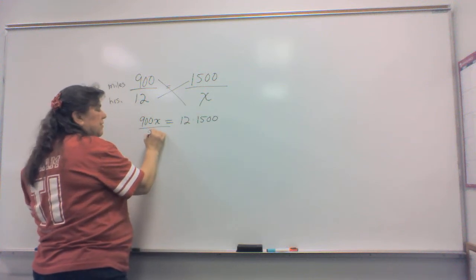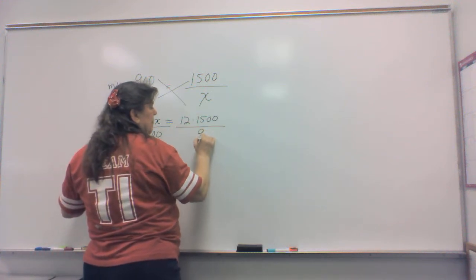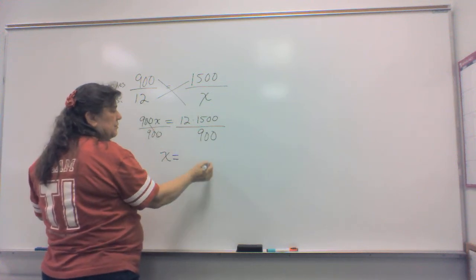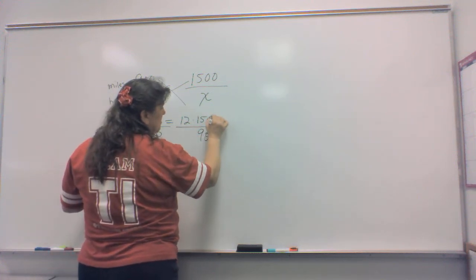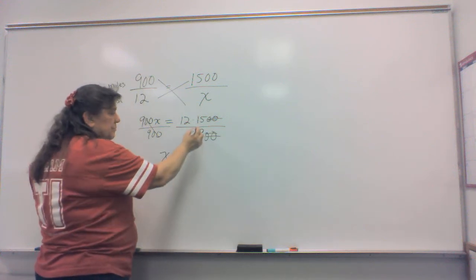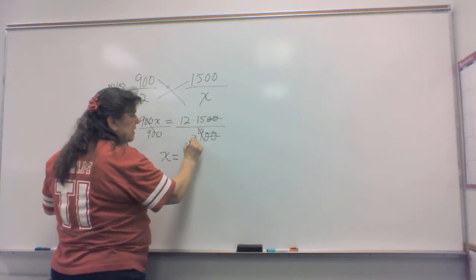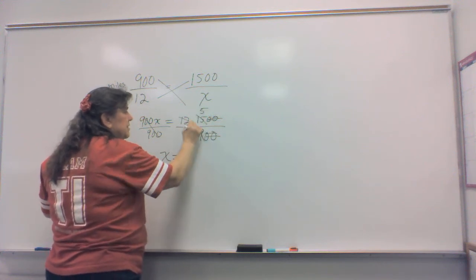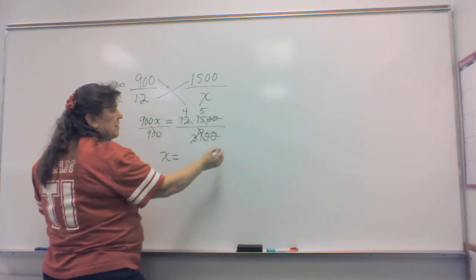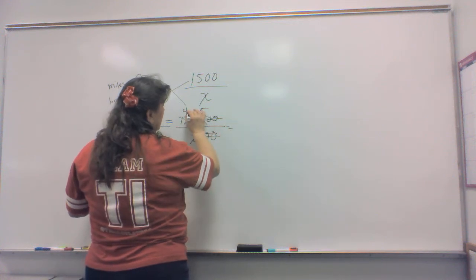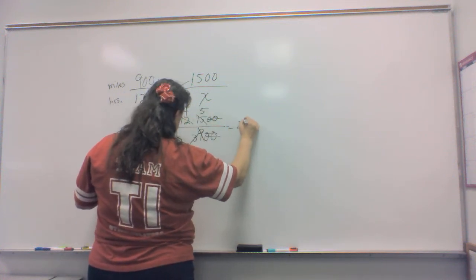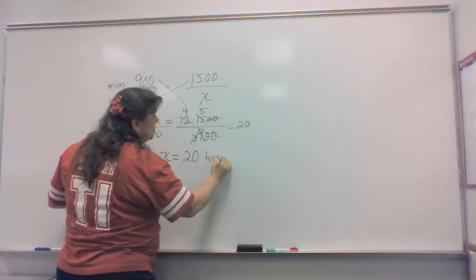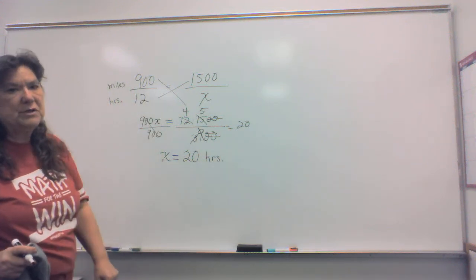Now divide by your 900, and I end up with x is equal to, well, divide by 100 top and bottom, get rid of that. 3 goes into 9 3 times, 3 goes into 15 5 times, and 3 goes into 12 4 times. So I have a 1 on the bottom, so 4 times 5 is 20. So it's going to take me 20 hours to drive 1,500 miles.